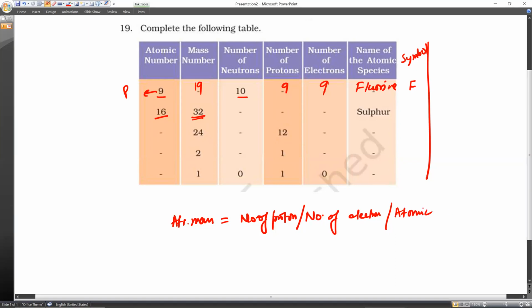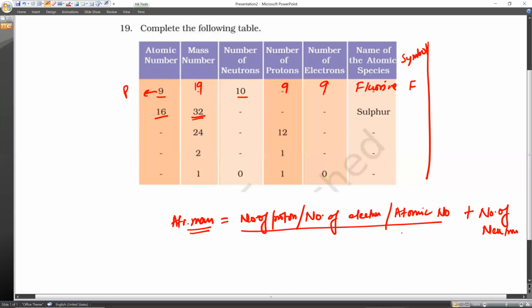If it is not carrying charge, we can choose any one of them, plus number of neutrons. So here atomic mass is given to you.